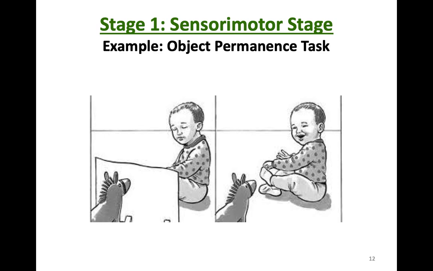But we can say that somewhere between 3 months and 9 months, object permanence, the ability to recognize that just because you can't see an object doesn't mean it disappeared, is something that develops. And that would be a characteristic of moving past stage 1. Okay, there are others, but one feature of moving past stage 1 is developing object permanence.